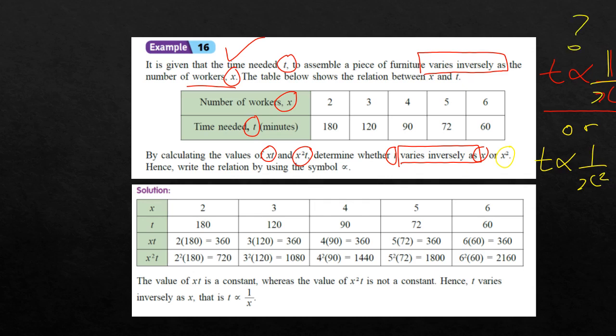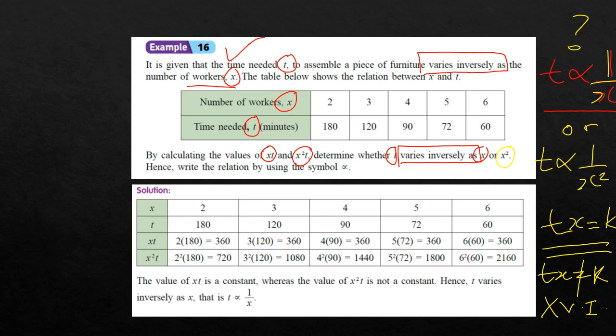If you want to know this, when t times x is a constant, then it varies inversely. But if tx is not a constant, then it does not vary inversely.